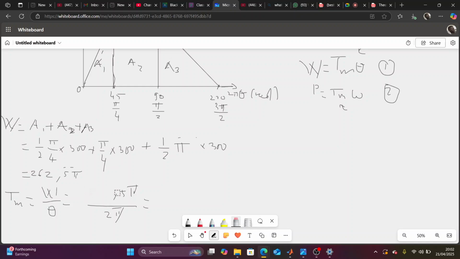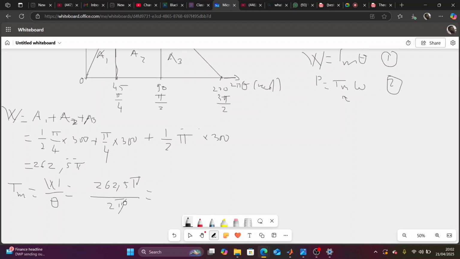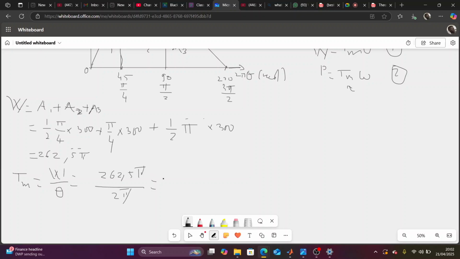Yeah, it's 262.5. Now, if the pi cancels out, the answer, the mean torque, is 131.25 Newton meter. Are we together now?